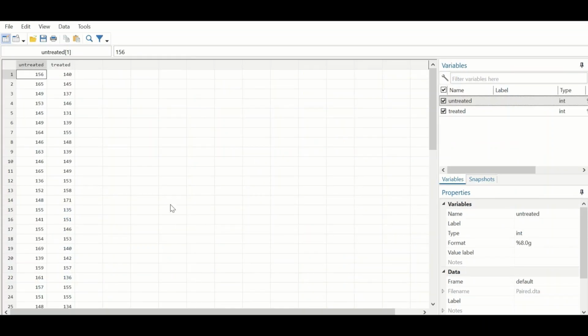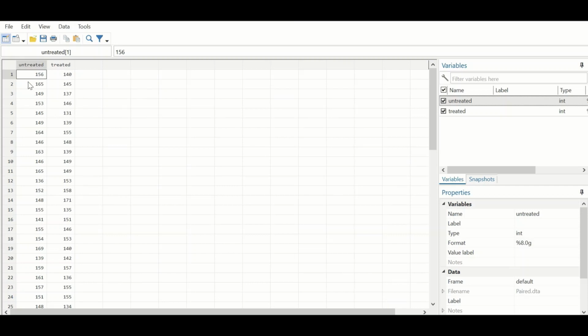Here in this Stata data view, I have two variables, untreated and treated. Both these variables are continuous, they are normally distributed, and the participant has been measured at two different conditions.